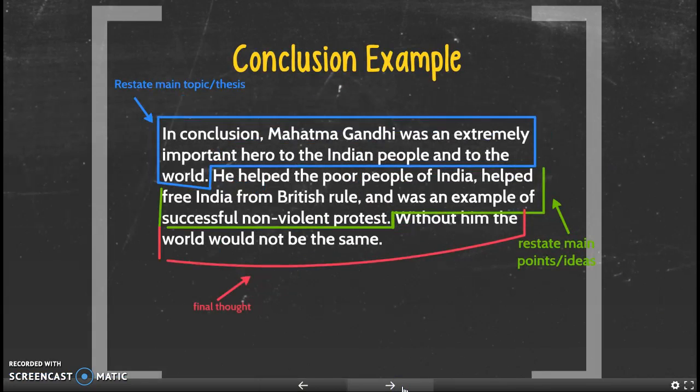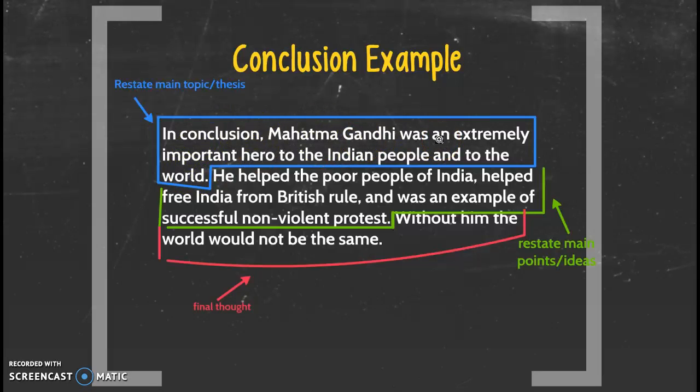So here's my conclusion. I'll give you a moment to read. I restated my main thesis statement here. I reworded it differently than my introduction, but it's still basically the same ideas.